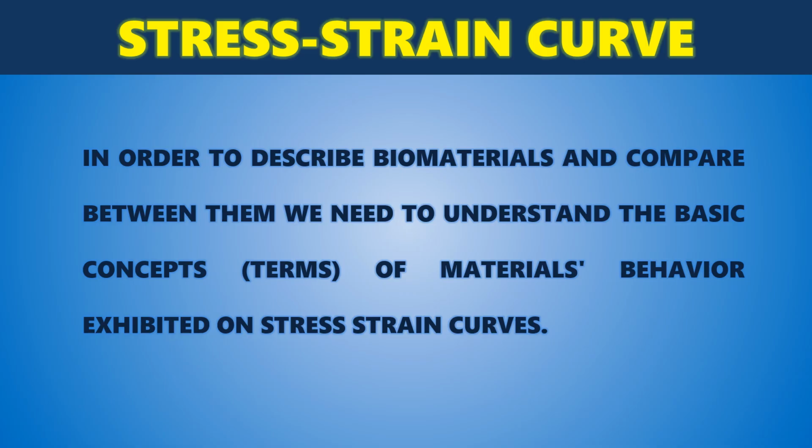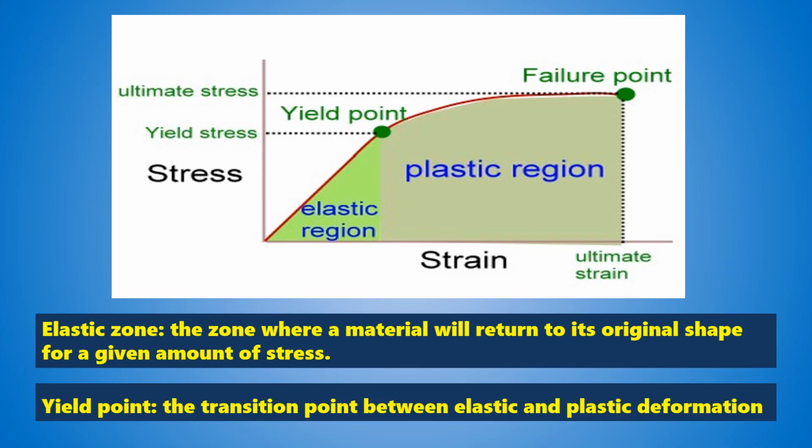In order to describe the different materials that we use in our practice, we need to understand the basic terms of material behavior exhibited on the stress-strain curve. The stress-strain curve used by the physicists to compare between different materials, and it's the product of stress and strain.